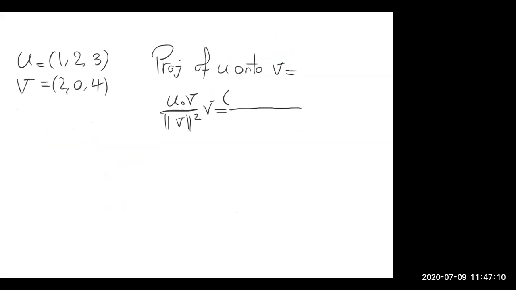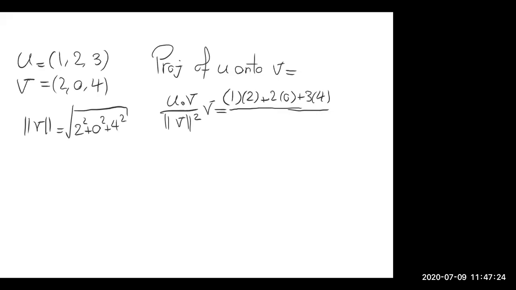It would be 1 times 2 plus 2 times 0 plus 3 times 4. What is the length of V? The length of V is the square root of 2 squared plus 0 squared plus 4 squared, which is 20. So the length of V squared would be 20 itself. And then we should multiply this by V.